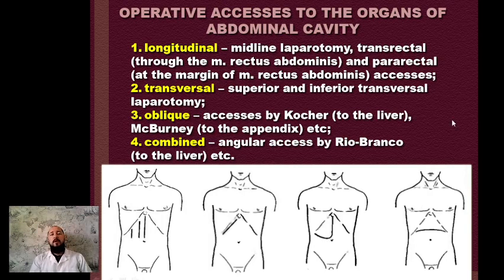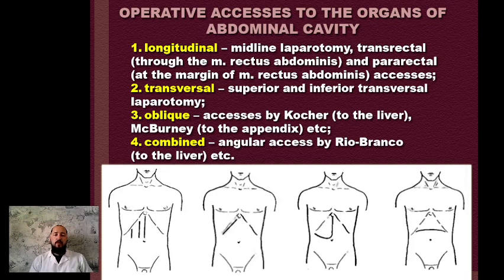Surgical approaches to the organs of the abdominal cavity. There are many surgical approaches. First of all, we can divide all of them into laparoscopic and open. All open approaches we call laparotomy.